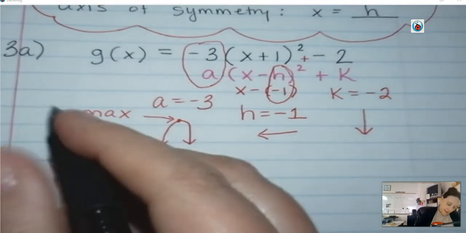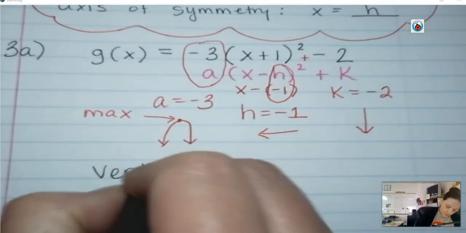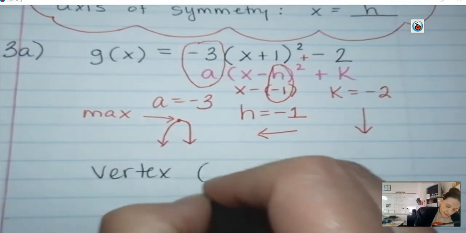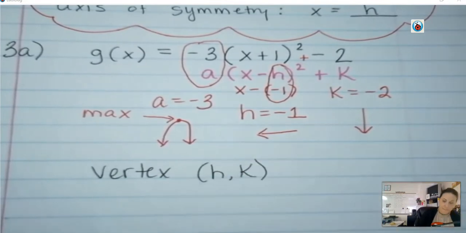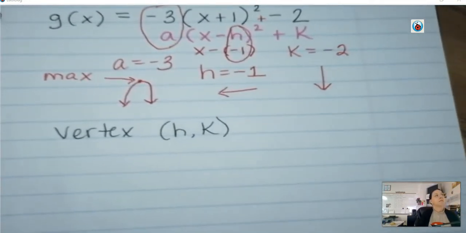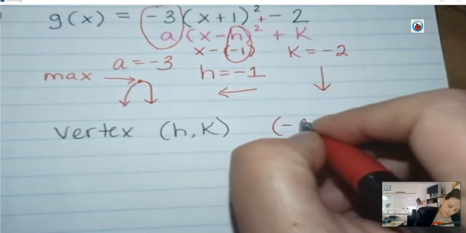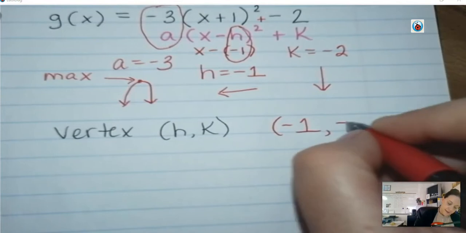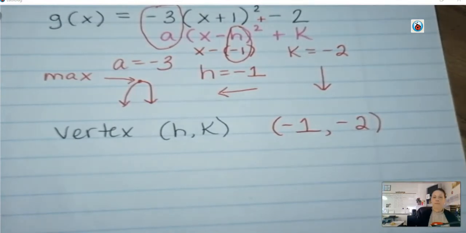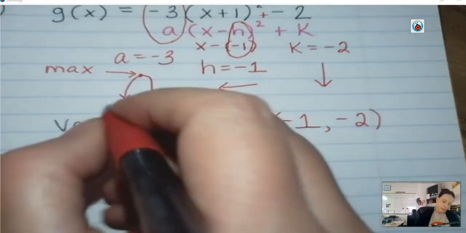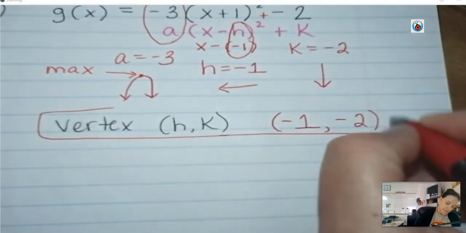Okay, we can state the vertex right now. The vertex is always h comma k. So the vertex here, h is -1, k is -2. So there's one of our answers.